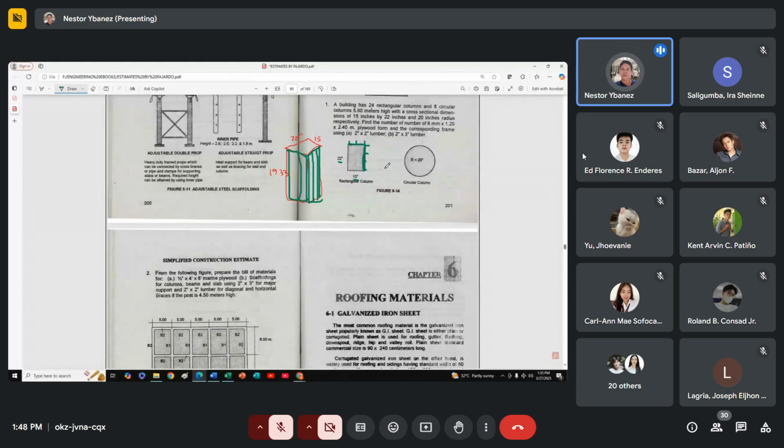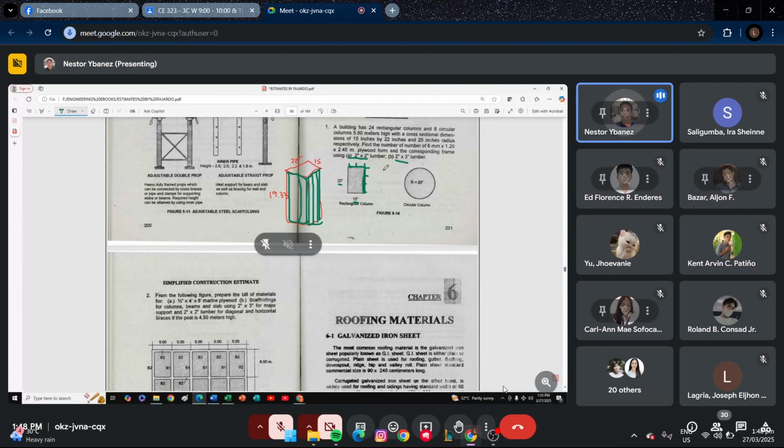To estimate this, to determine the length of the frame, let us say we use 2 by 2 for the first estimate, and the second estimate is 2 by 3, so using different sizes.